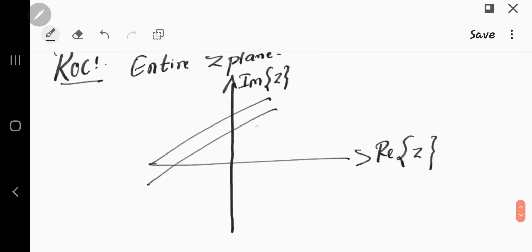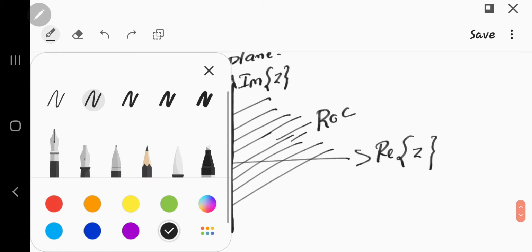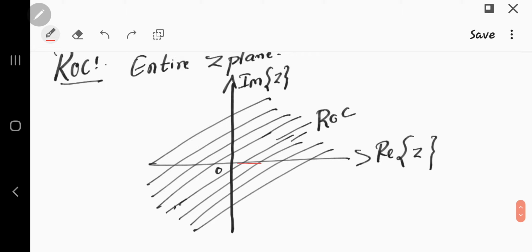So first thing is it is the entire z plane ROC. So just shade it like this, and here at the origin we have poles. I will write this in a different color, it will be easier to locate here.